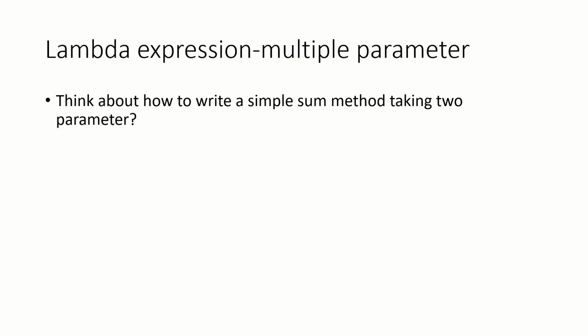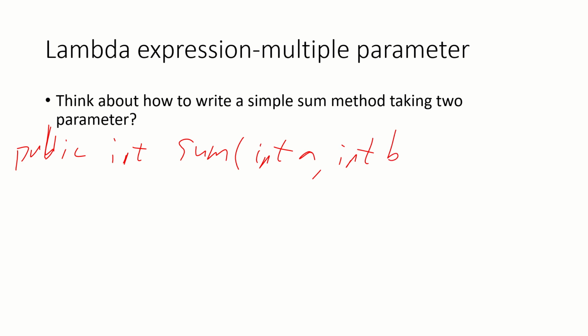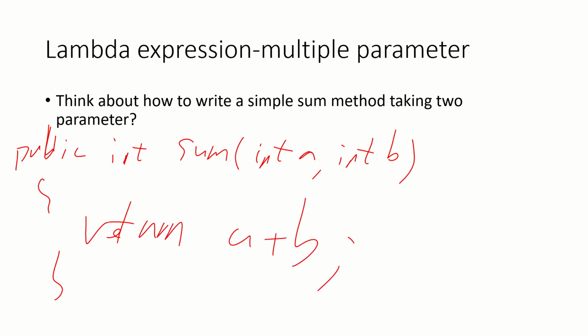Okay, first we do the method, right? public int sum(int a, int b), right? Then we return a plus b. Okay, in a very simple version, right? This is what we do, right?